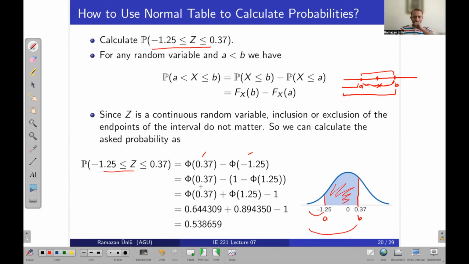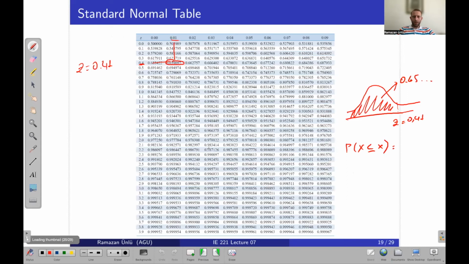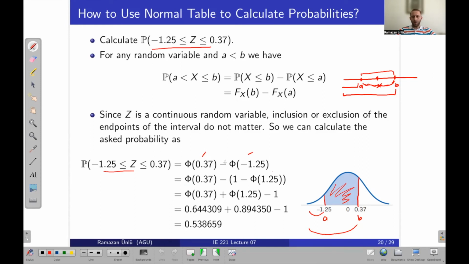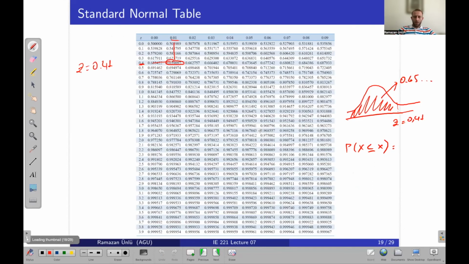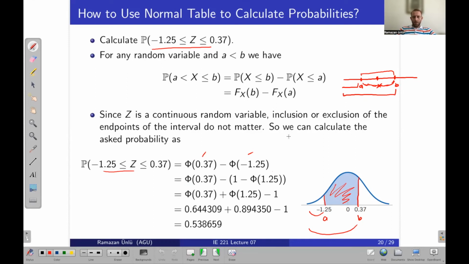Okay, let's say I have the table only for the positive values. So I have to rewrite this part as we showed here, right? That means phi of minus 1.25 is actually equal to 1 minus phi of 1.25.